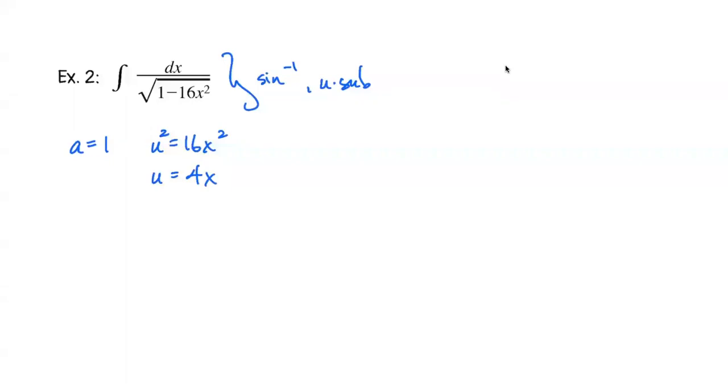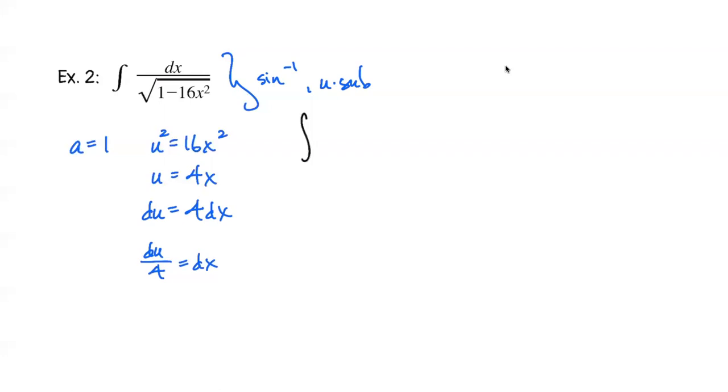And so what we need to do here is accommodate for the fact that u is a different function. Okay, so it's not just an x. So we're going to find our derivative of both sides. We're going to notice that I only have a dx to sub, so I'm going to divide that 4 away. And then I'm going to go ahead and make our substitution.